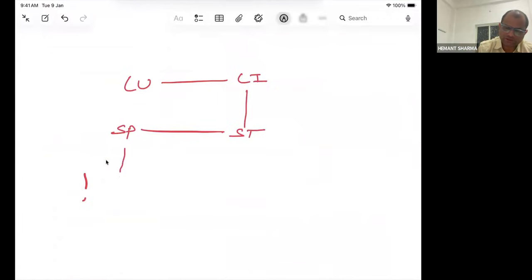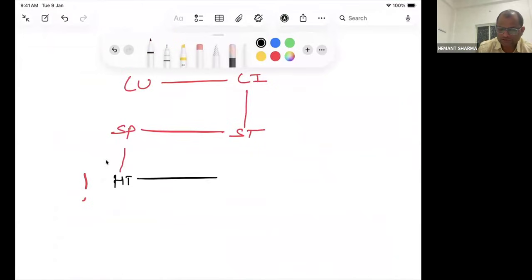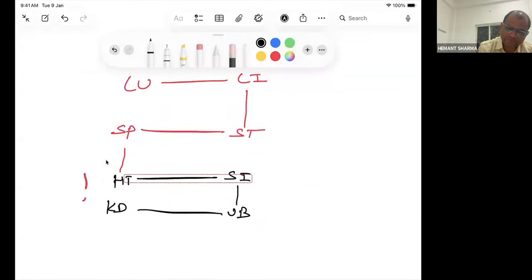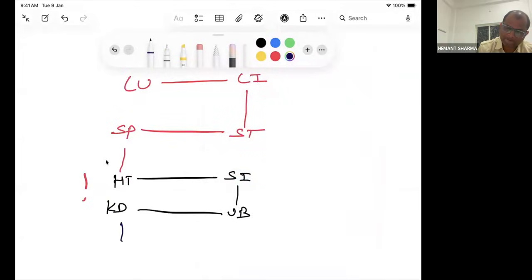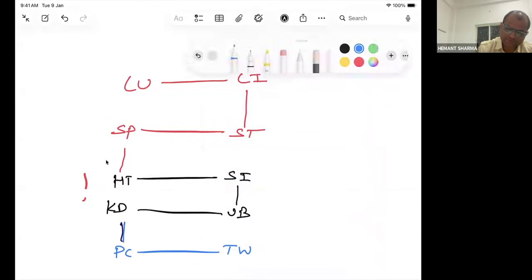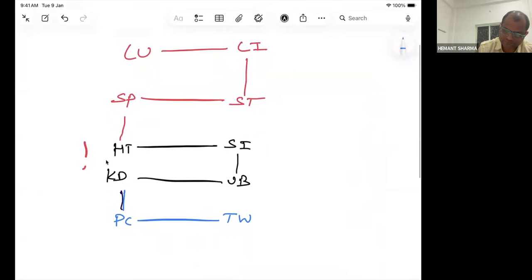Heart, small intestine, urinary bladder and kidney. Pericardium, triple warmer, gallbladder and liver. So this is called organ clock cycle.